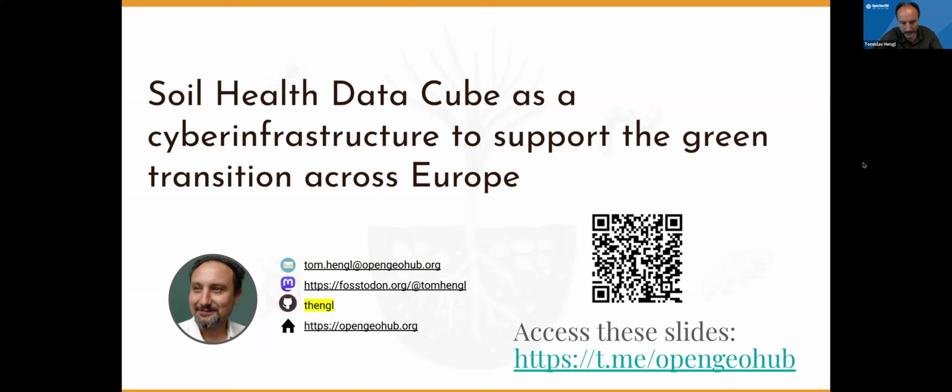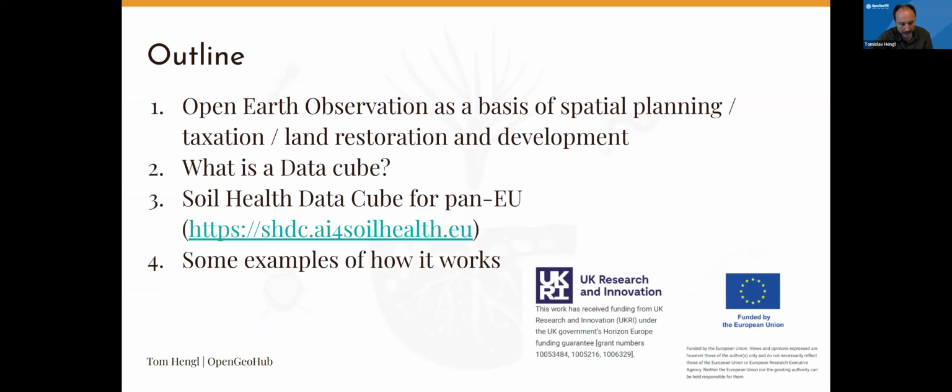Thank you. So yes, I'm a director at OpenGeoHub, and I also lead in the area for soil health. I lead work package 5. I want to talk a bit about the Soil Health Data Cube just to introduce it a bit. And it is based on Earth observation, so satellite images primarily.